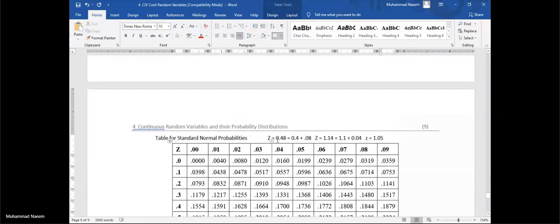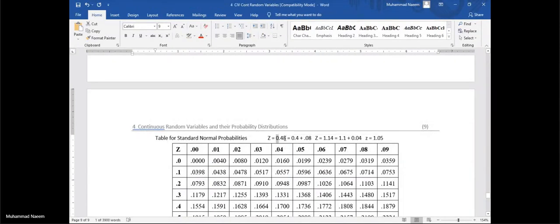We have our point 0.48. This was our first point. So up to first decimal 0.4 trace out in first column, and second decimal, which is 0.08, this will be traced out in first row. If we separate this decimal, this will be 0.4 plus 0.08. 0.4 will be in first column and 0.08 will be in first row.